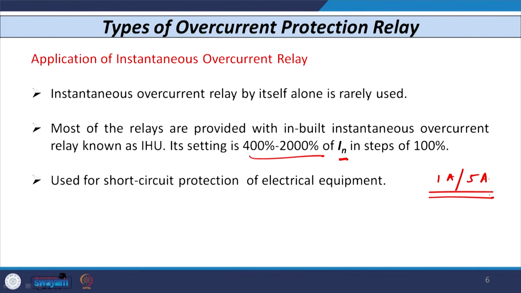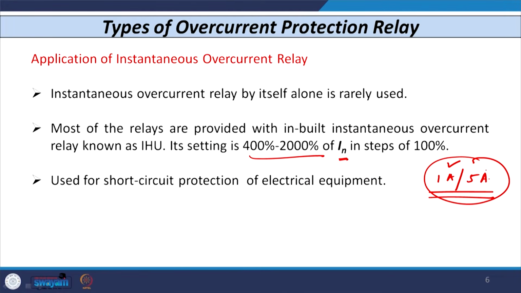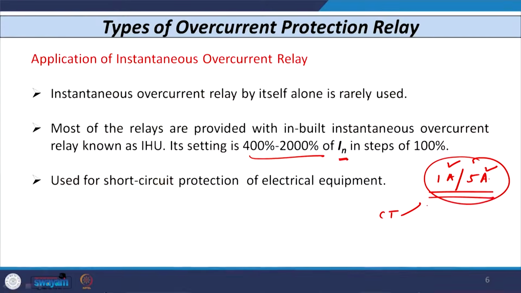This is standard: whenever I connect any relay across the secondary of a CT, which has two terminals, S1 and S2 as I explained earlier, the rated current of the relay is always either 1 ampere or 5 ampere. So, this is standardized. Whenever I consider a CT which has a primary side and a secondary side, and the relay is connected on the secondary of the CT, the secondary of the CT is always matched with the relay rated current.